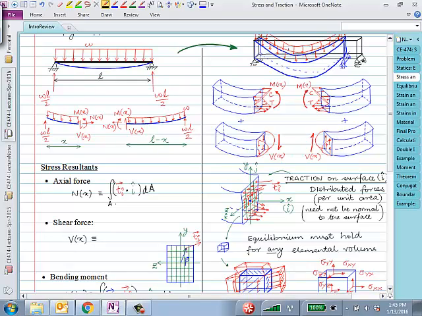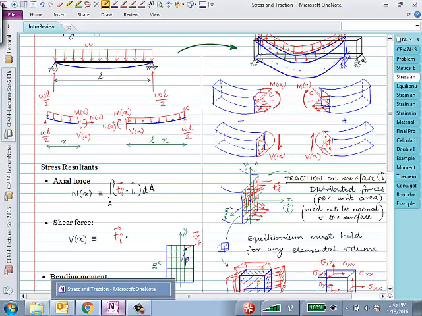Similarly, shear force would be the same traction, T sub I, dot product with what now? Okay, dot product with J definitely.